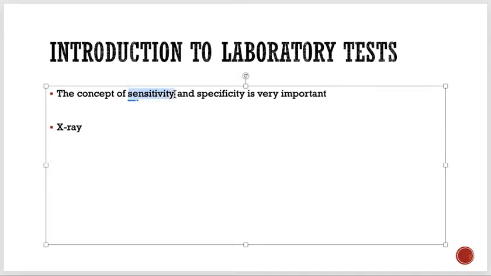Whereas specificity is the measure of the percentage of people without the disease who have negative test results. I will repeat, the percentage of people without the disease who have negative test results, which means healthy individuals correctly identified as free of the disease.